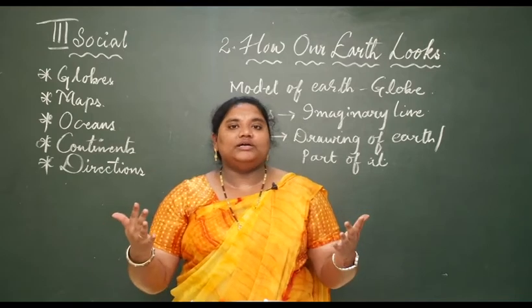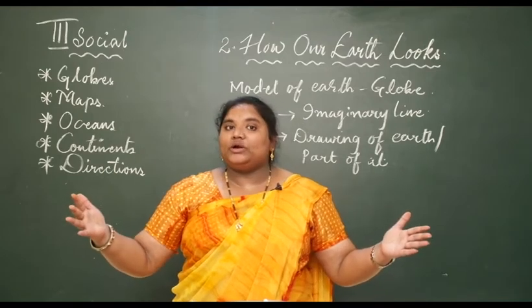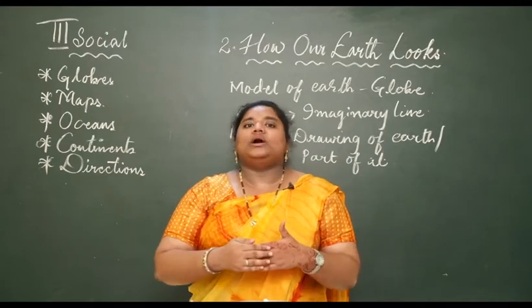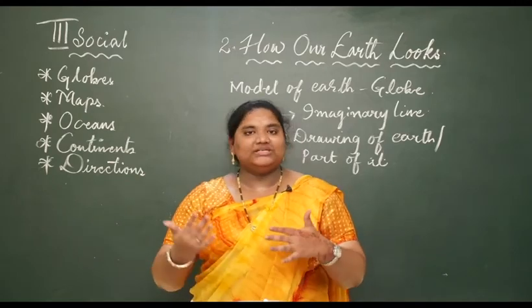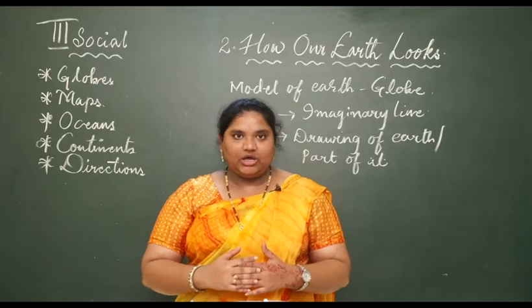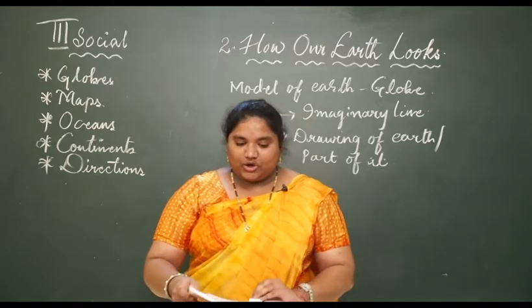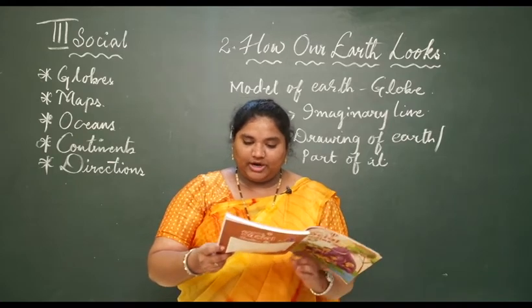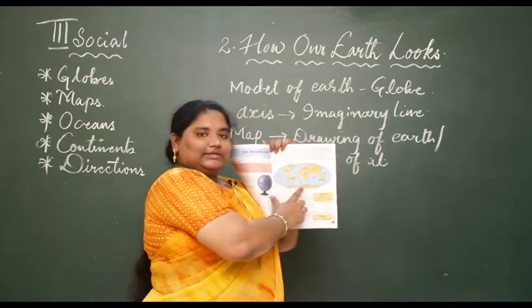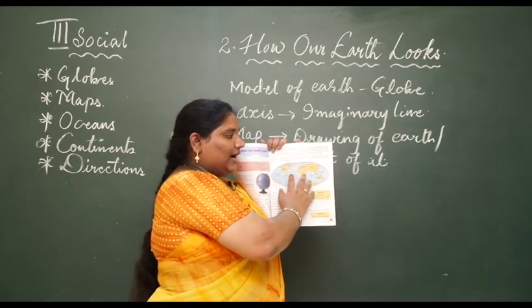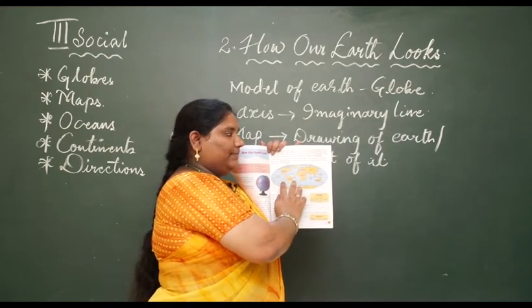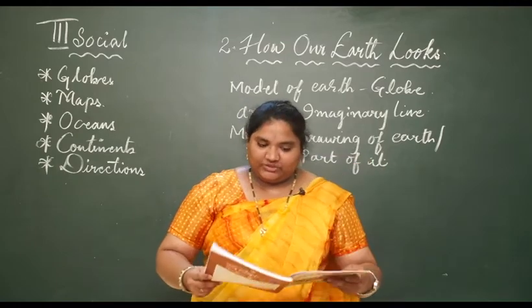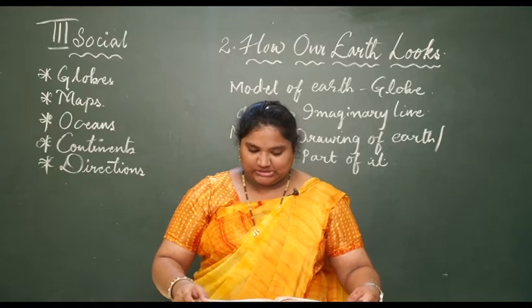Dark blue color is very large water bodies, which are oceans, and light blue color are seas, rivers, lakes, gulfs, etc. In your book, you see a map like this, with a blue part and a different colored part. This blue part refers to oceans.